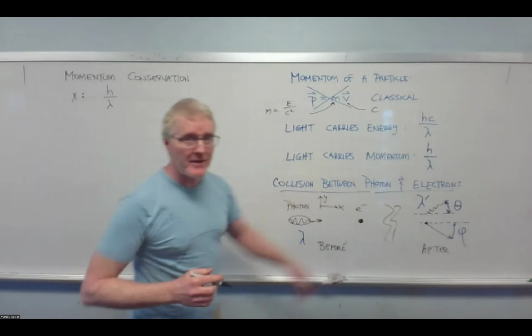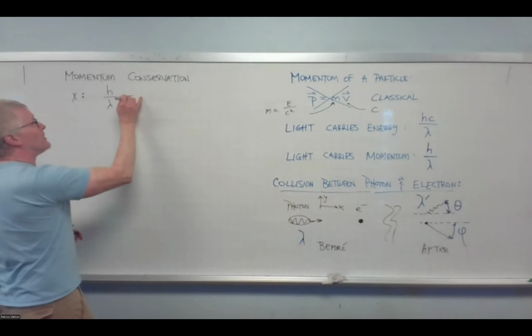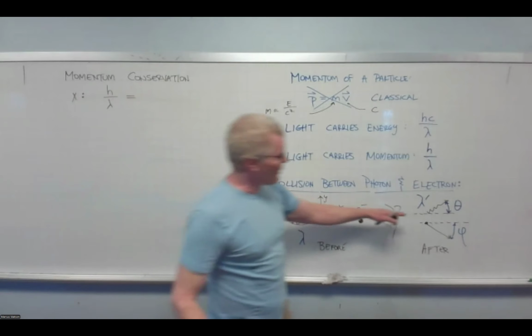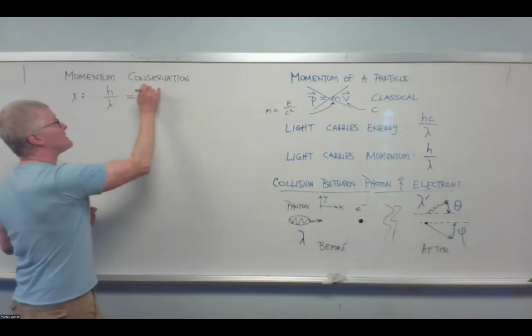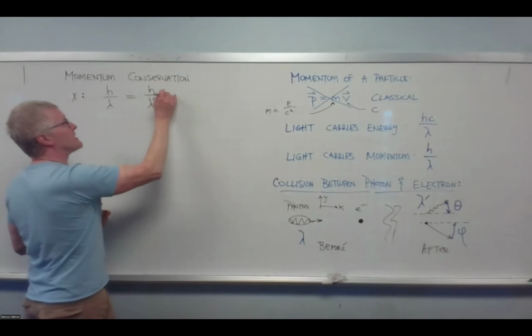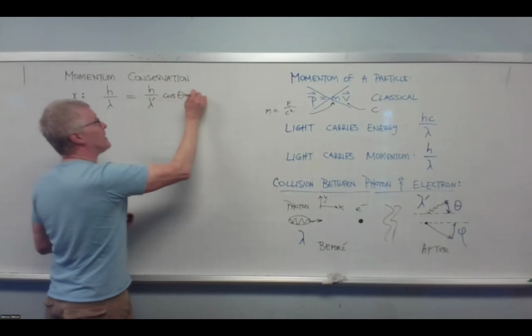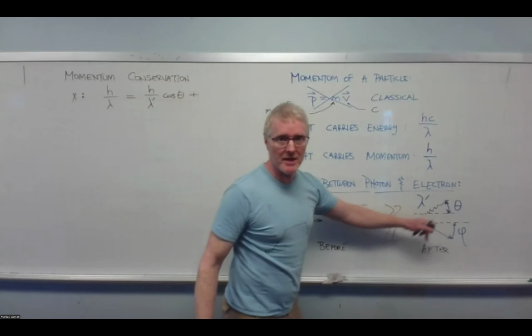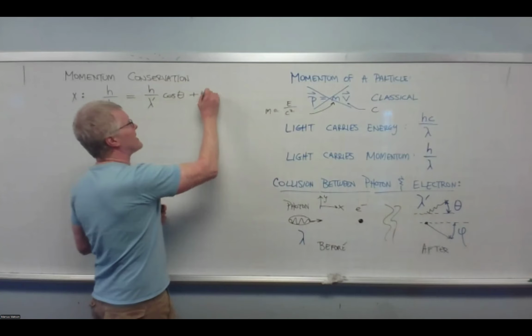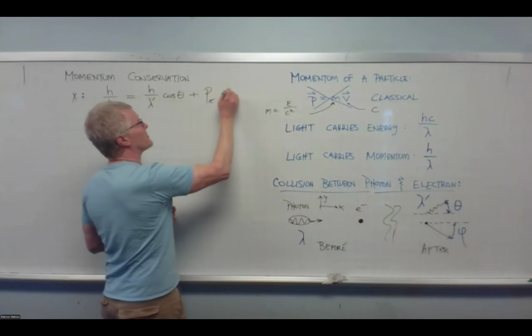And therefore, in the final state, this should equal the momentum carried by the photon in the horizontal direction, which you can see will be h divided by lambda prime times the cosine of theta, plus whatever the electron momentum is going to be, times the cosine of phi. I'm just going to leave that as p of the electron times cosine phi.